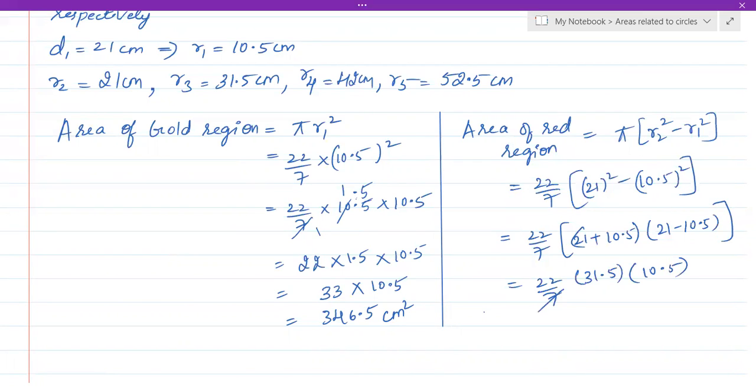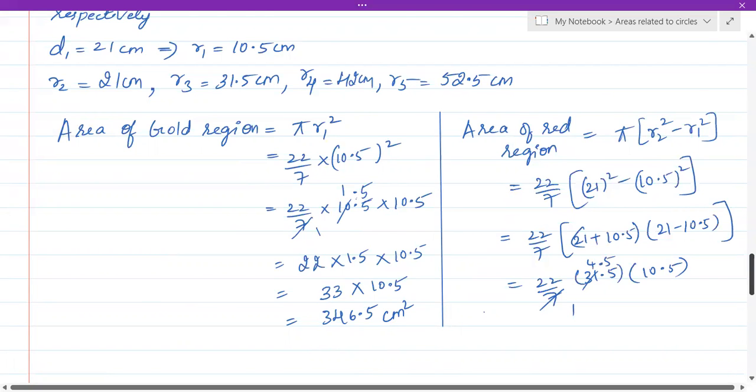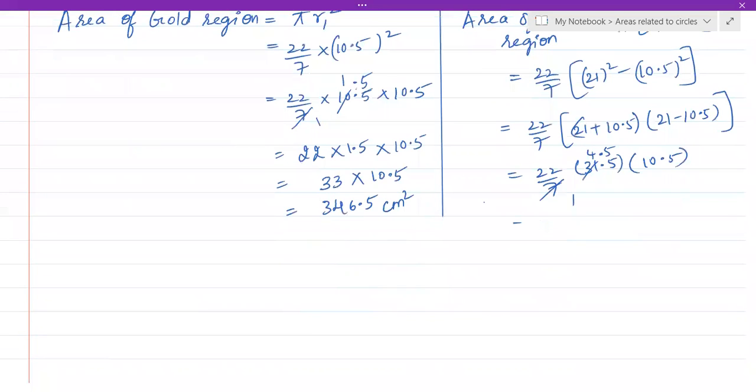And you can cancel, as I told you, 7 ones are 7, 7 fours are 28, 3 carry, it becomes 35, 7 fives are 35. So point as it is. Now what you got is 22 into 4.5 into 10.5.